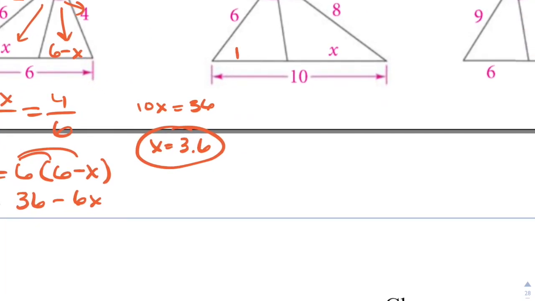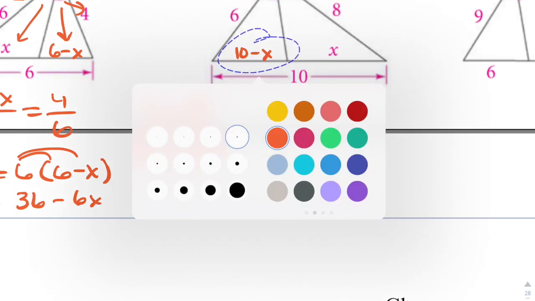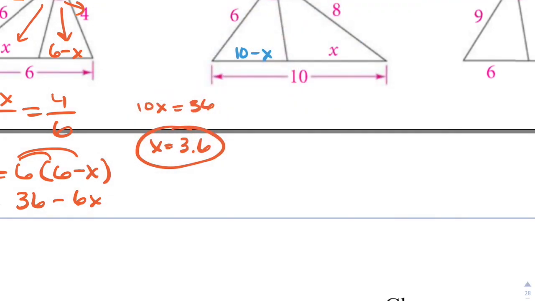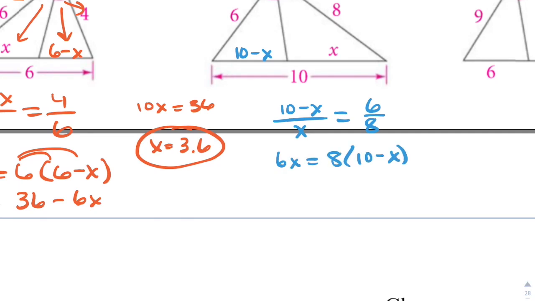All right, again, changing the color here so you can see the difference in that work from the last work. So 10 minus x over x equals 6 over 8. So 6x equals, don't forget to distribute.